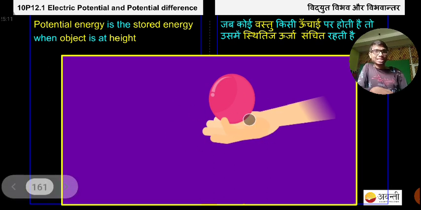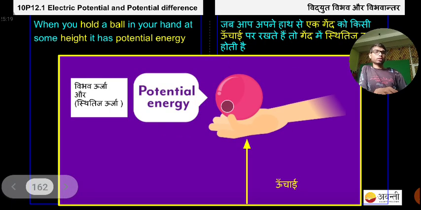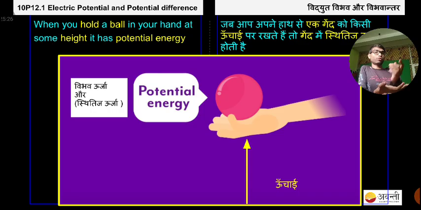But right now, it is what? Potential energy. Inside this is potential energy, and it is at height, that's why. And when this is released, then it will turn into kinetic energy.